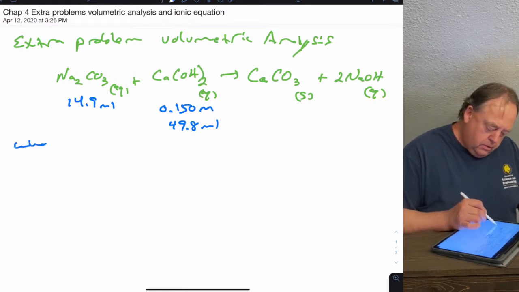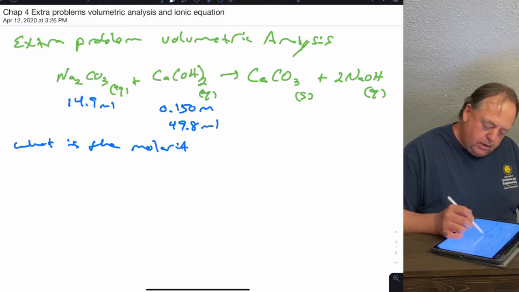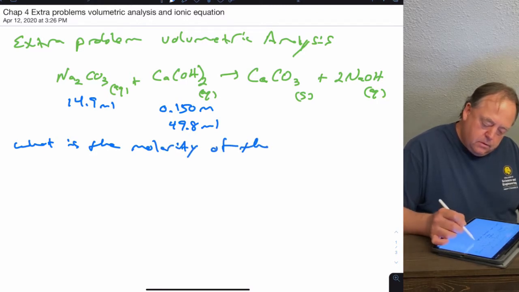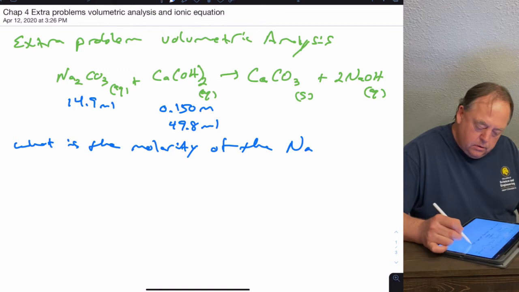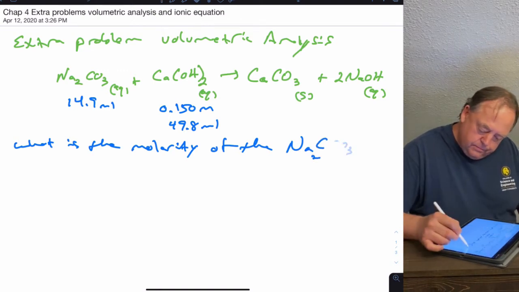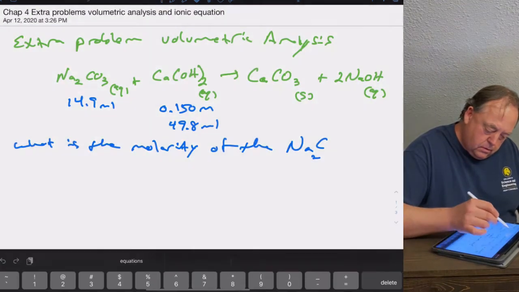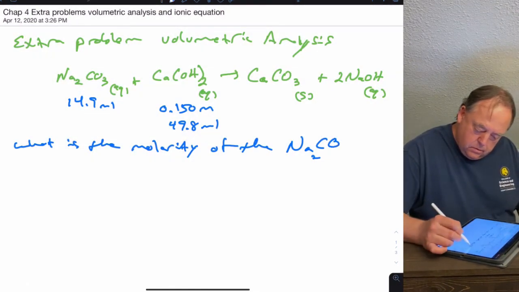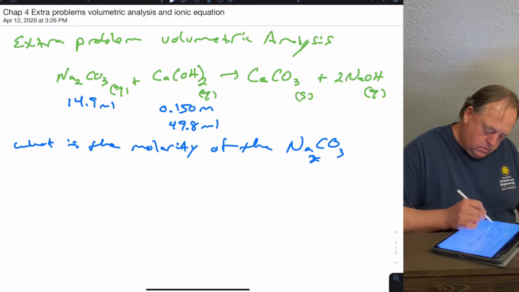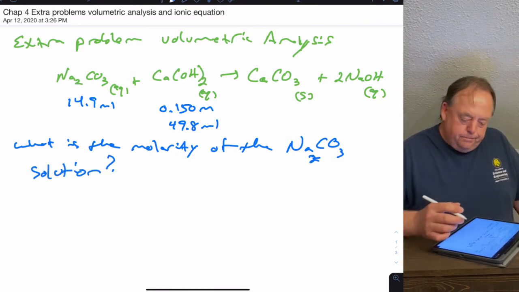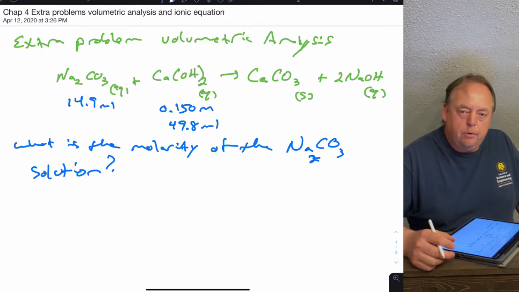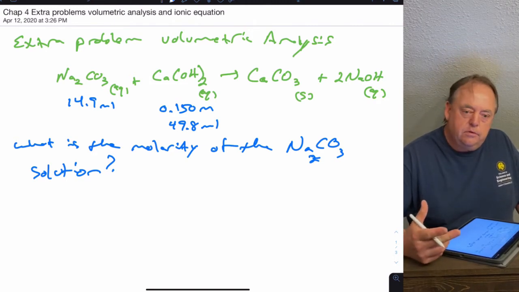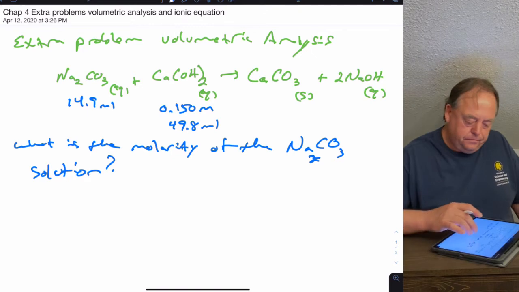Then what is the molarity of this sodium carbonate solution? And so again, this is just a stoichiometry problem, but using volumes rather than grams.